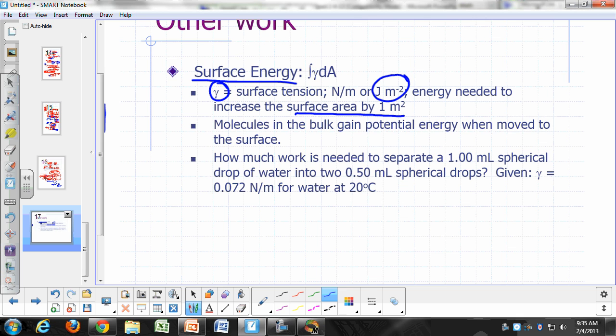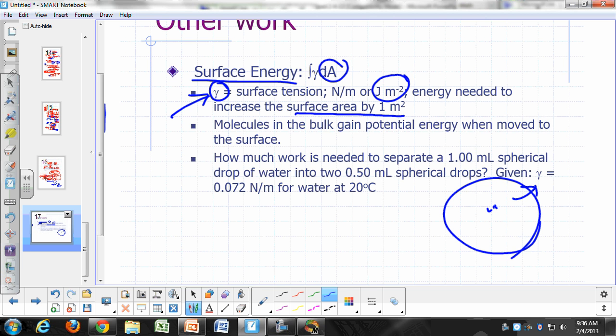If you have molecules in the bulk, to bring them to the surface, they have to gain potential energy. And so the work that you need for that to happen is given by a property called surface tension. Integrate the surface tension over the change in the area. That gives you the work that's needed to change the surface area.